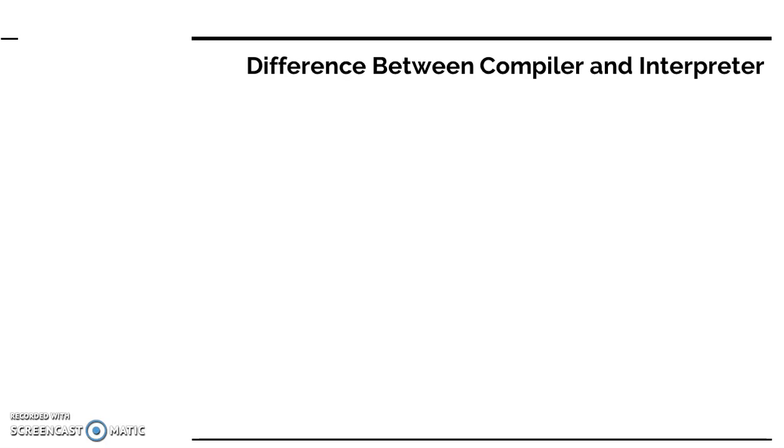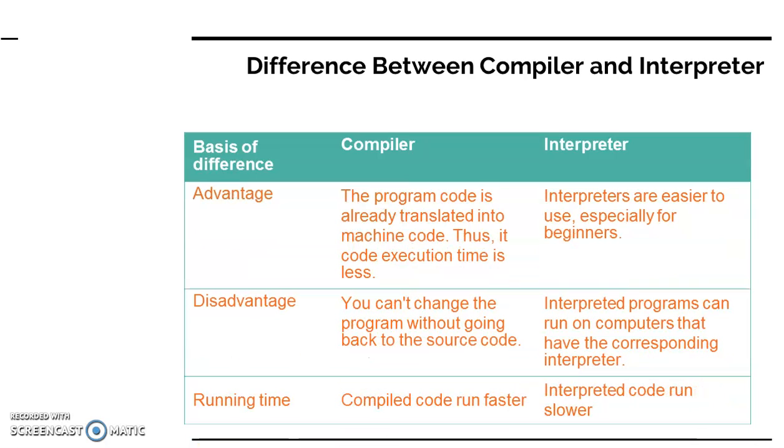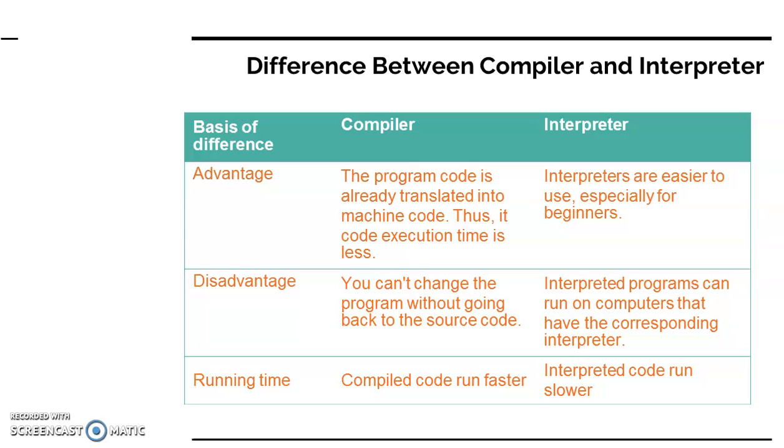Now, the difference between compiler and interpreter. The advantage of a compiler is that the program code is already translated into machine code, so code execution time is less, whereas an interpreter is easier to use, especially for beginners, because it does not create any intermediate results or intermediate source code that you need to understand.